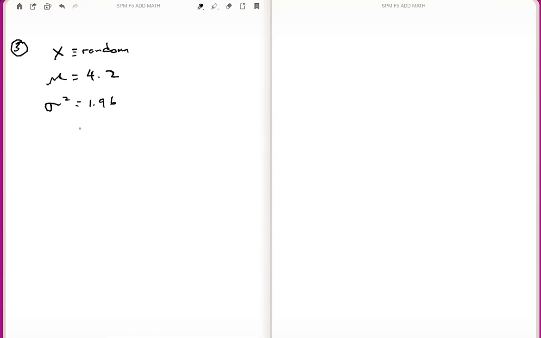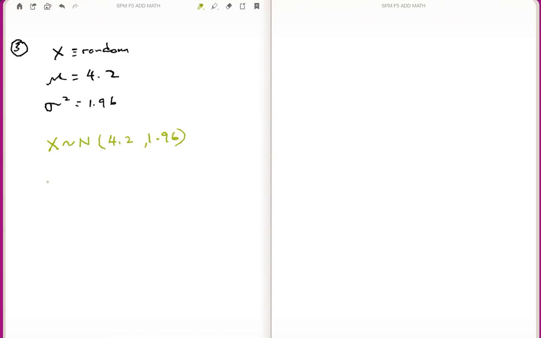First of all, you can't straight away start. The first rule would be to put it into the general form, normal distribution, 4.2 and 1.96. Now there's no square because they give you the variance.